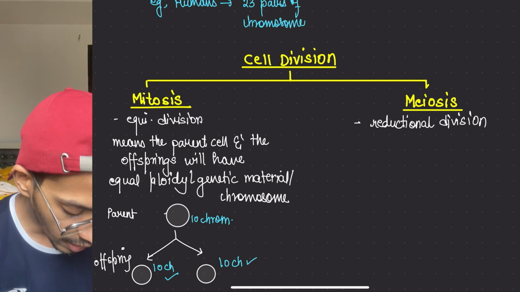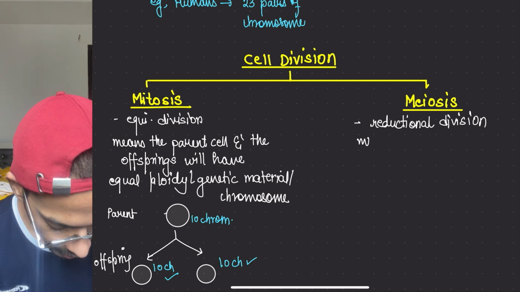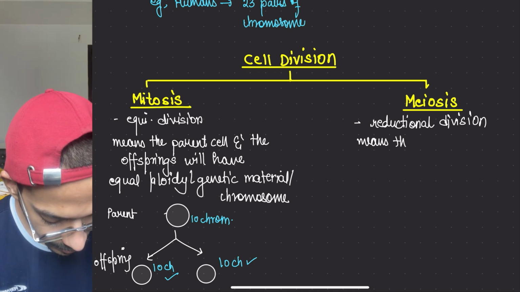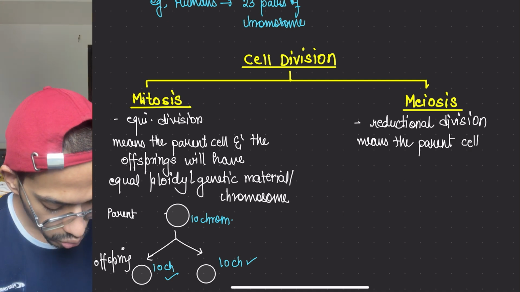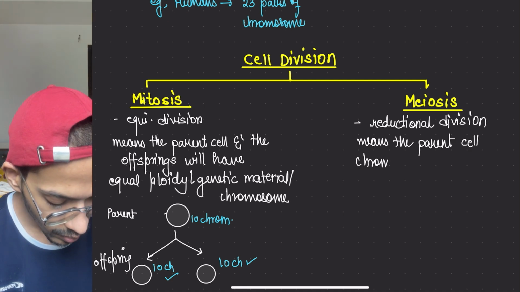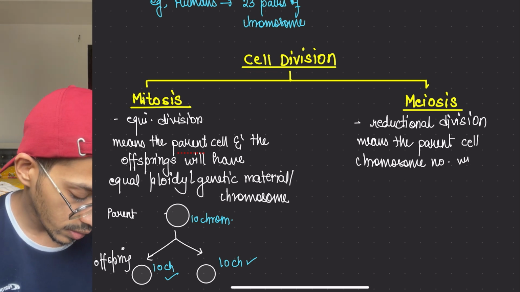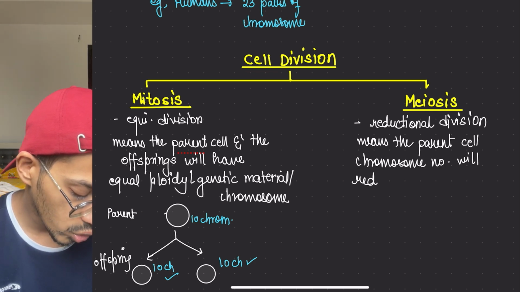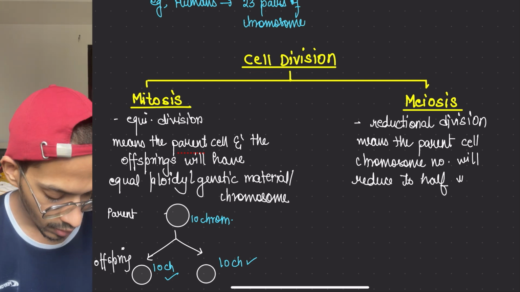So reductional division means the parent cell chromosome number will reduce to half in the offspring.